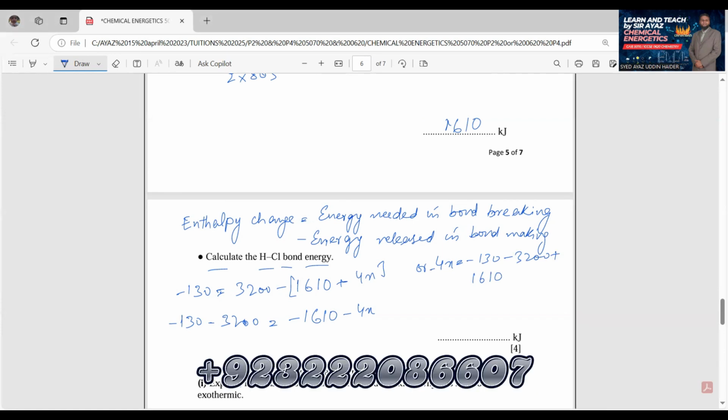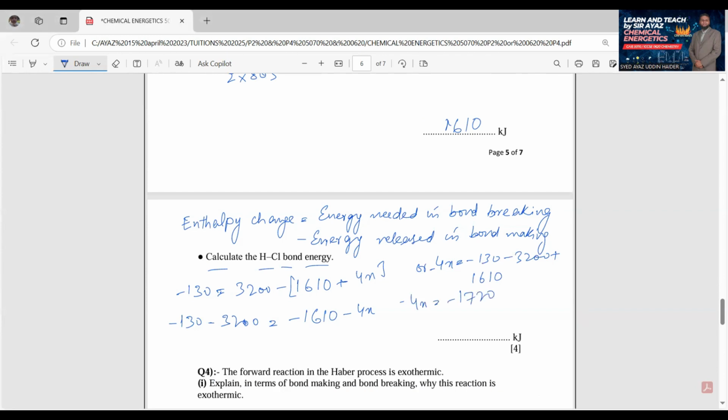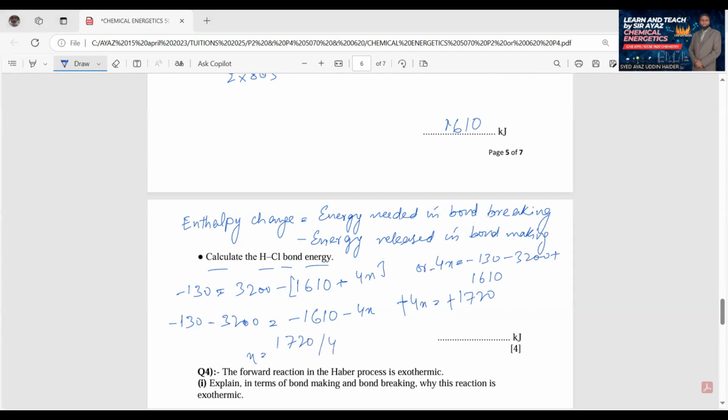Minus 4X is equal to minus 1720, and as both sides contain minus sign, this will cancel out. So we'll have X is equal to 1720 divided by 4, and we will get 430. So plus 430 will be the final answer. This will be the bond energy associated with HCl.